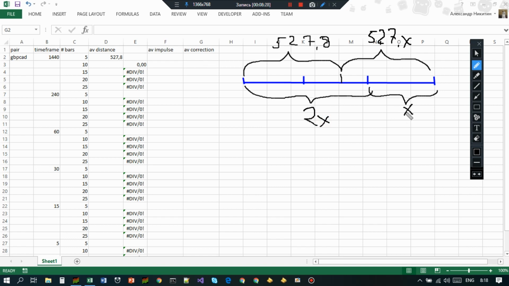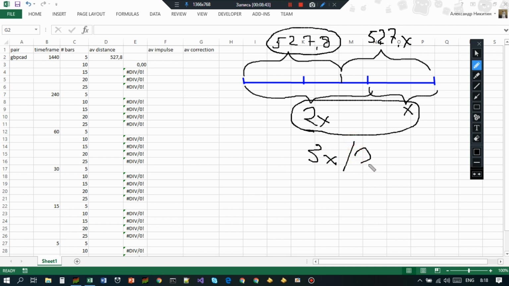Obviously I am to find x. Total size is the 3x. Yes, it is 3x, and half of that size is 527. So 3x divided by 2 is 527.